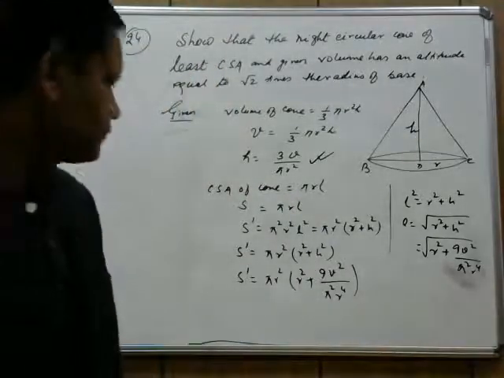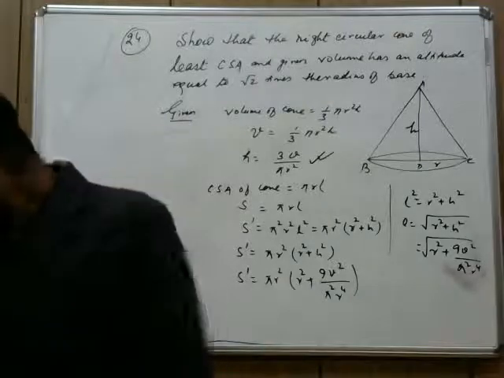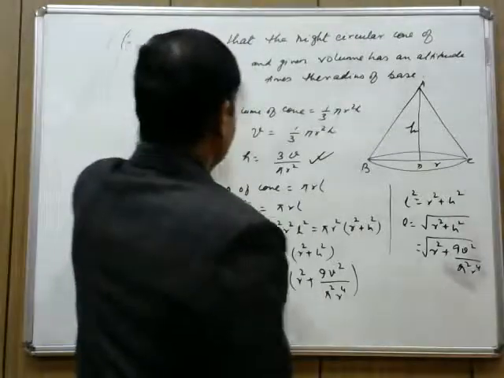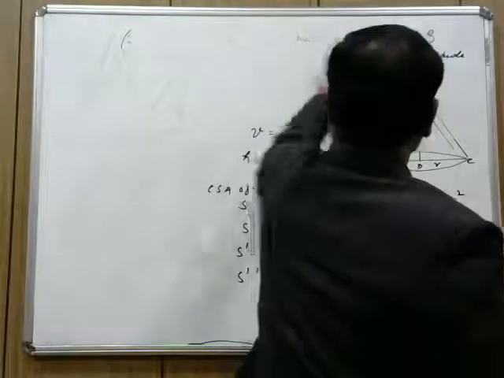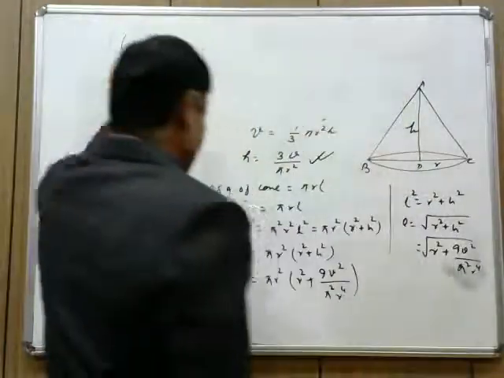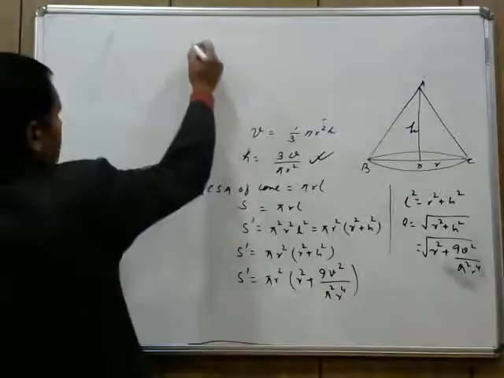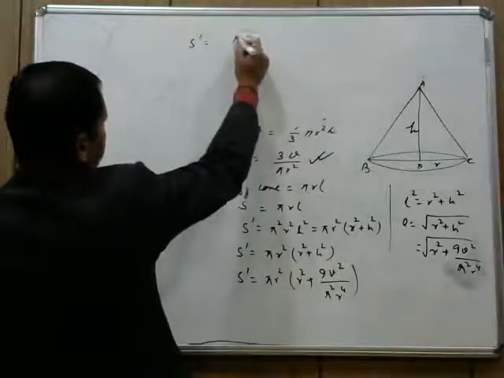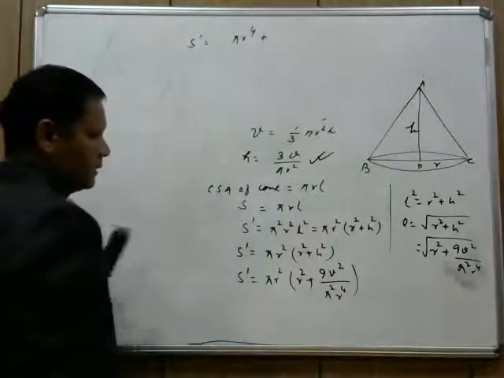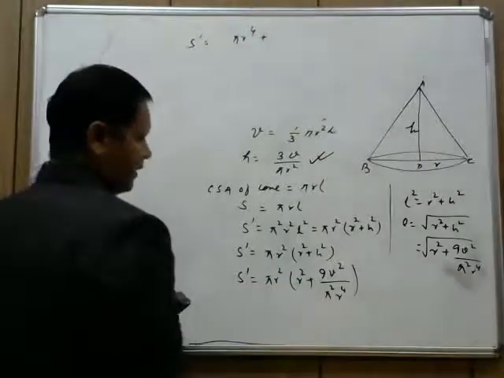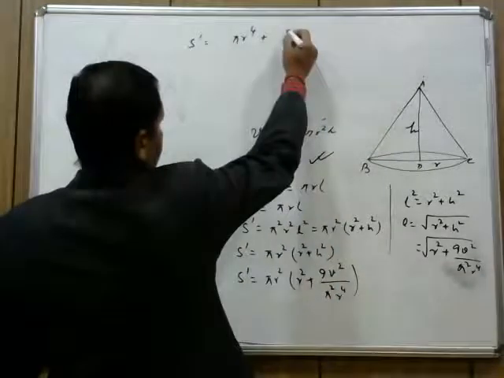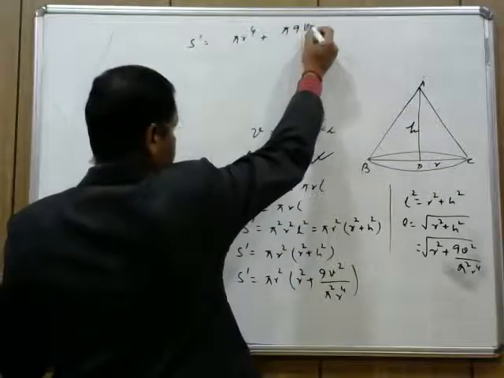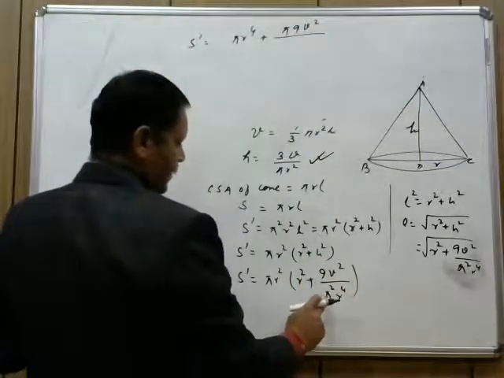Okay, so now what we have got, S dash is equal to pi r to the power 4 plus pi 9V square upon pi square r to the power 4.